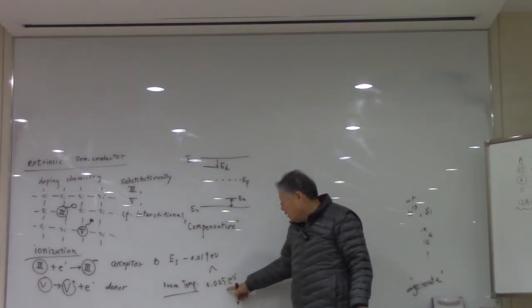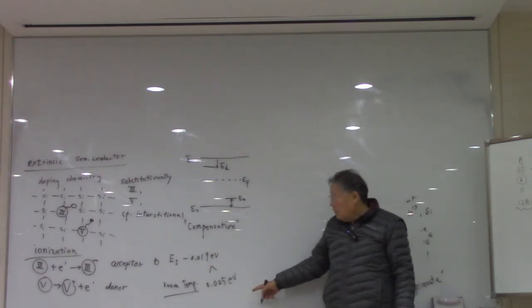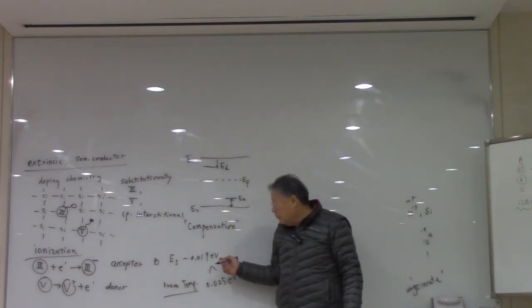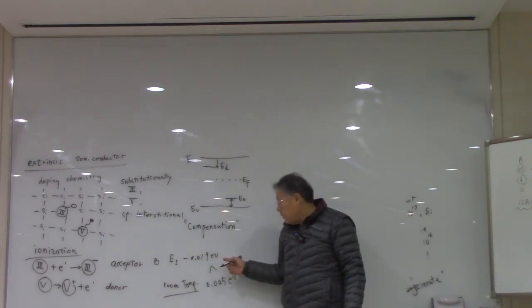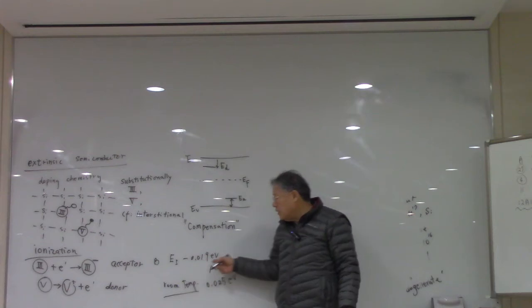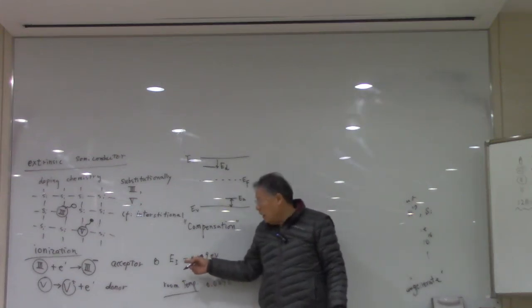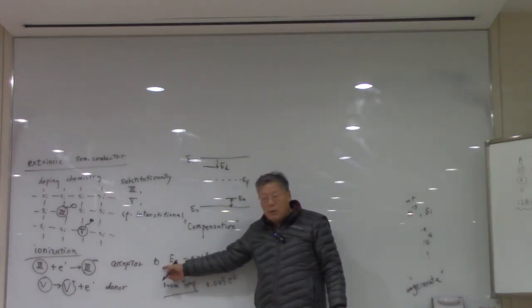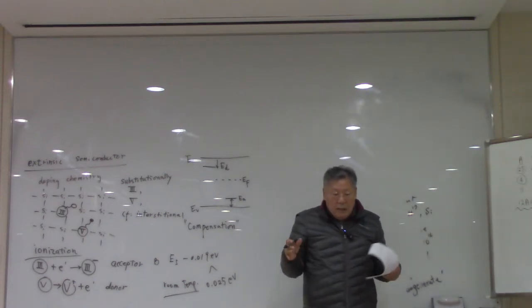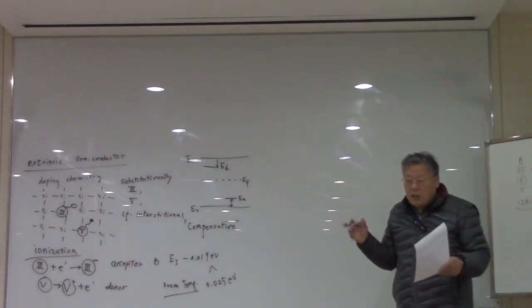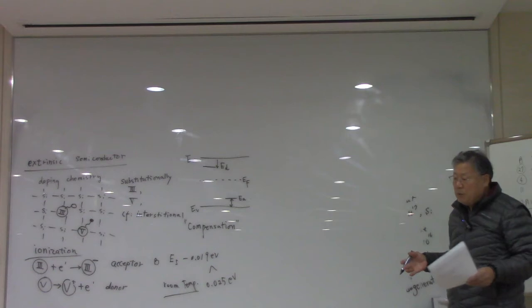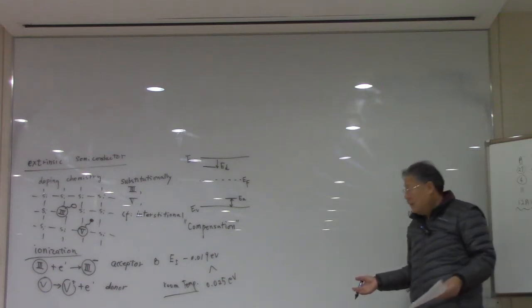And this energy is big enough, bigger than the ionization energy necessary for boron, so if you dope the silicon with boron at room temperature, it is ionized, okay?